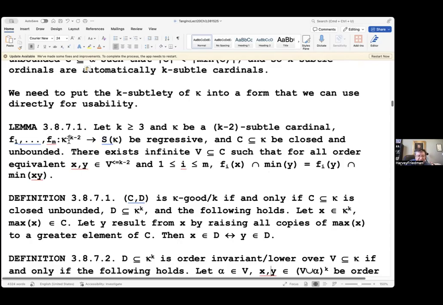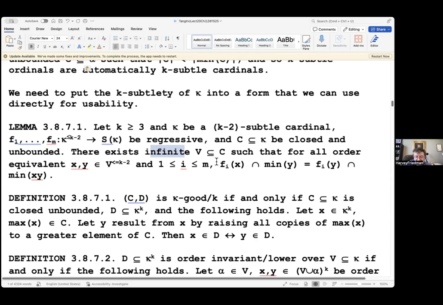So if I have a K minus 2 subtle cardinal and I have several functions of various arities less than or equal to K minus 2, which are regressive, and I have a closed and unbounded set C, then I can find an infinite set. Here, you see, I only need infinite.